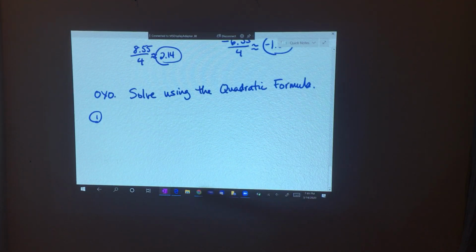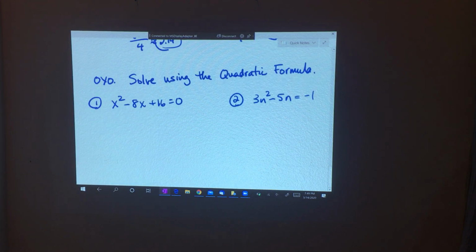Here's the first one: x squared minus 8x plus 16 equals 0. And 3n squared minus 5n equals negative 1. Okay, so now's a good time for you to pause the video and work these out yourself. I am just going to pause myself, but I'm not going to stop the video because that complicates things. So go ahead and work those out, and I'll start up in just a moment.